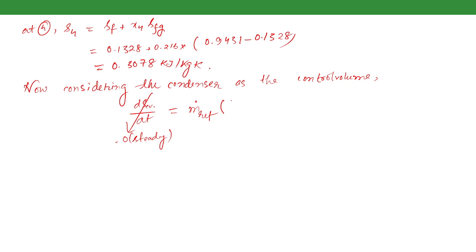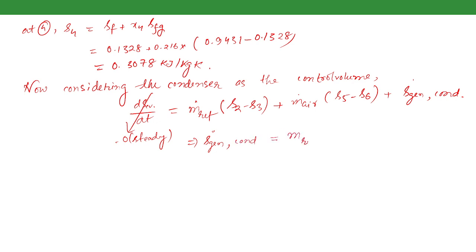So mass of the refrigerant multiplied by the entropy change S2 minus S3, plus the mass of air times S5 minus S6, plus entropy generated in the condenser. This implies that the rate of entropy generation in the condenser is equal to mass of the refrigerant into S3 minus S2, plus mass of the air multiplied by S6 minus S5. Okay, now let us give it number 1.